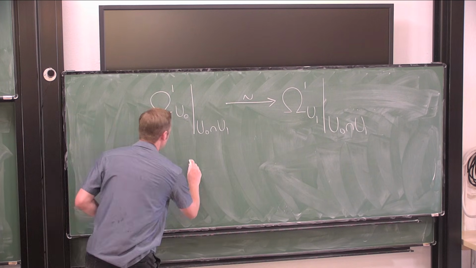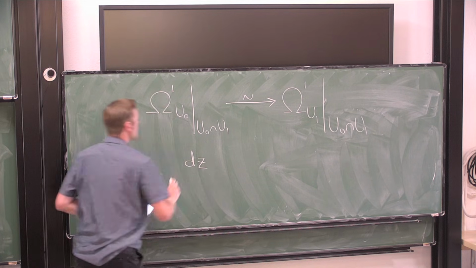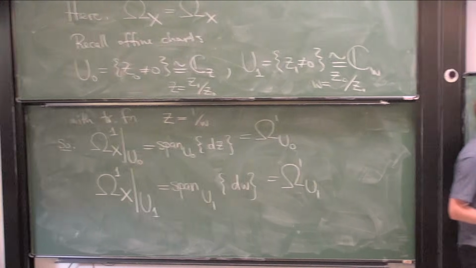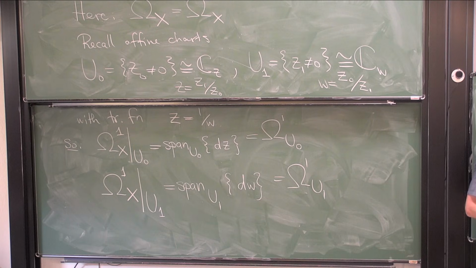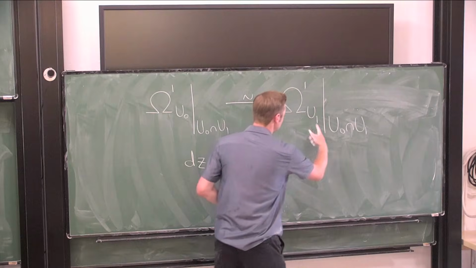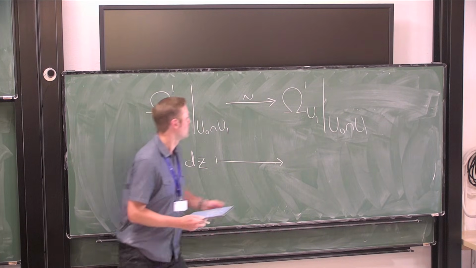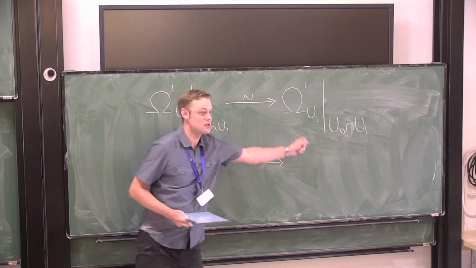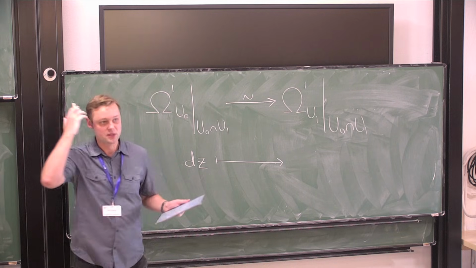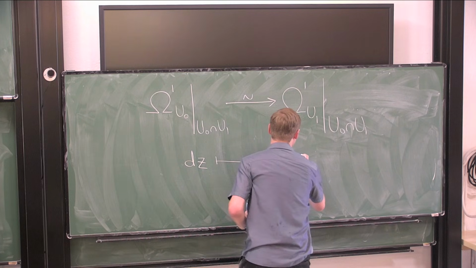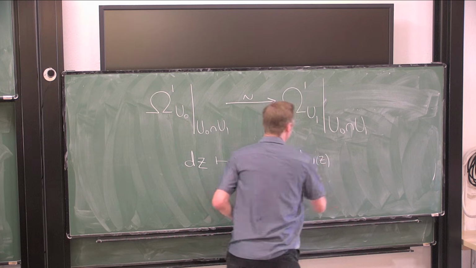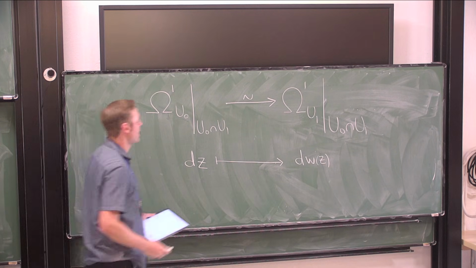So the local generator, the basis vector for this restriction, how does it relate to the local generator for this bundle, which is dw? So how does dz relate to dw? Well, let's just change the variables, right? What else could it be? It's dz of w. What does this notation mean?